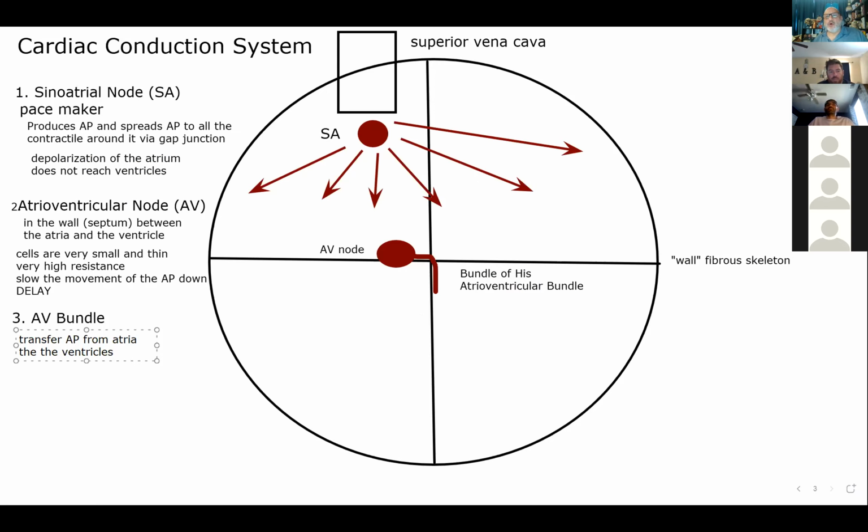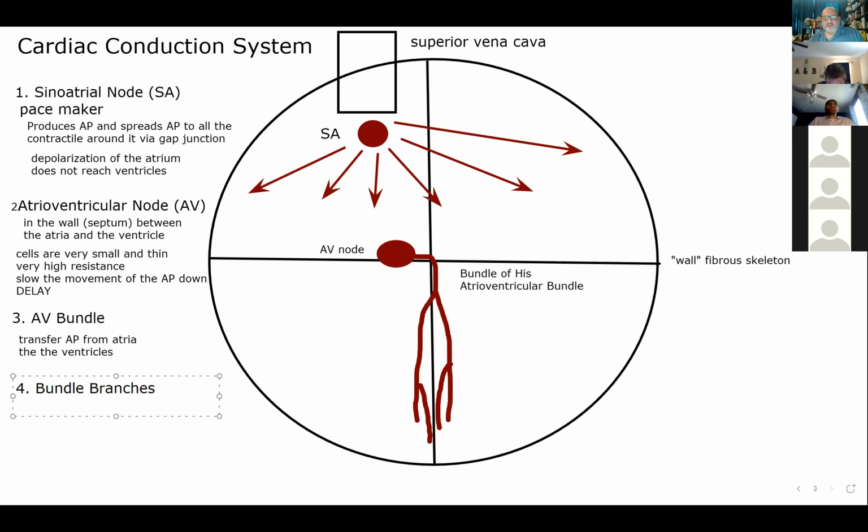Excellent. That one singular bundle of His, that atrioventricular bundle, then branches to form numerous structures known as the bundle branches. And the bundle branches, you will notice, bring the action potential to the apex of the heart.